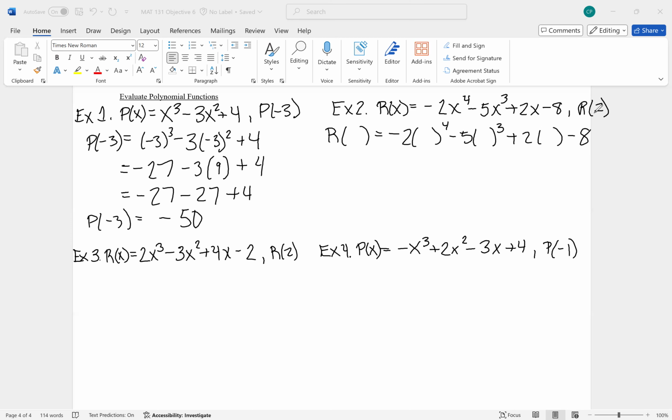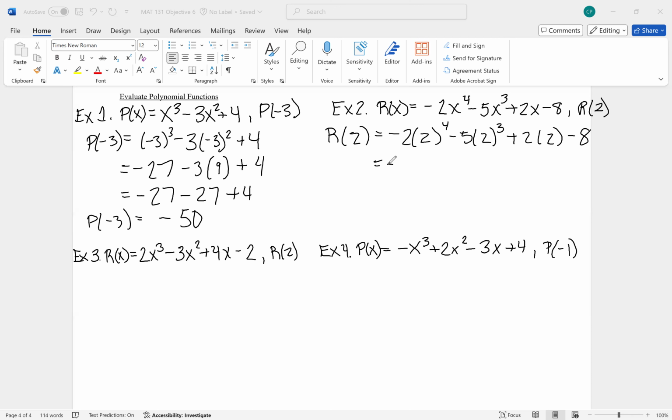A lot of times when you try to write it as you go, you miss something or you forget the parentheses, or a lot of different things can happen. So if you rewrite the problem and use the parentheses as like a placeholder for the x and then go back and plug it in, it's like a guaranteed way to make sure that you plug everything in correctly. Then you need to follow the order of operations to simplify everything, okay?